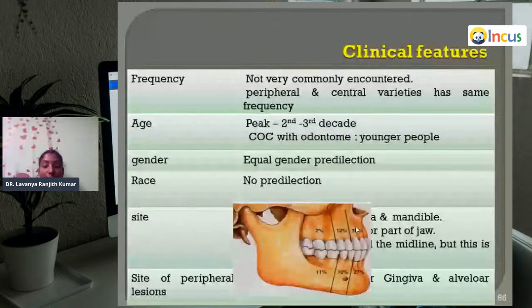It is more common in the anterior area, followed by the premolar and canine areas, then the molar area, and 2% is the last, which is the maxillary tuberosity region.